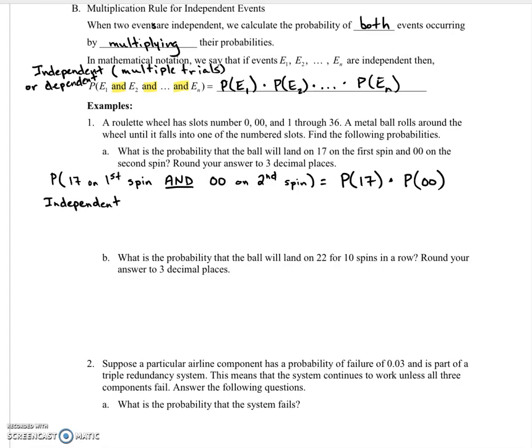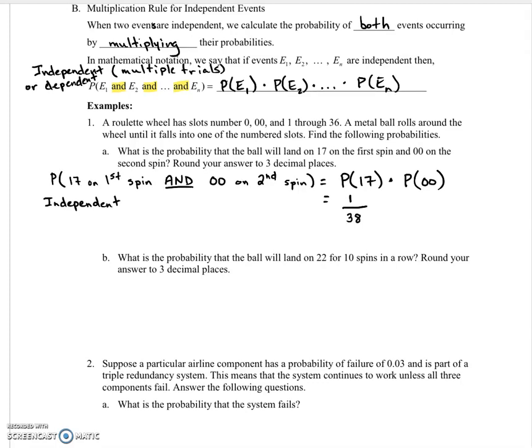So the probability of landing on a 17 is 1, because there's one slot that has 17 on it, divided by the total number of slots, which is 38.